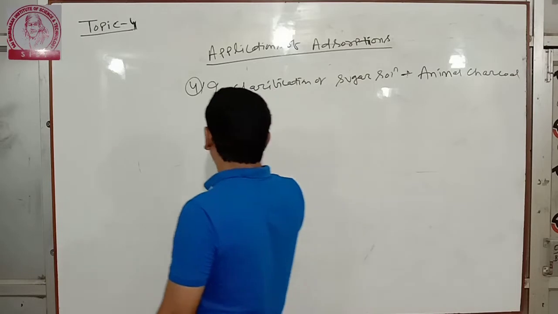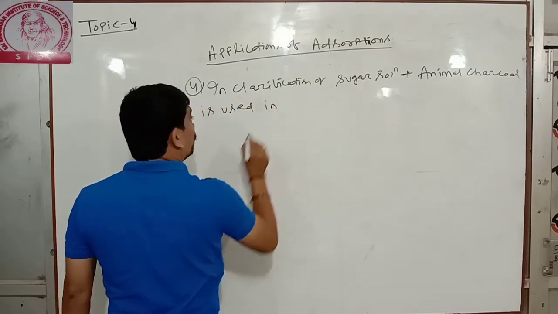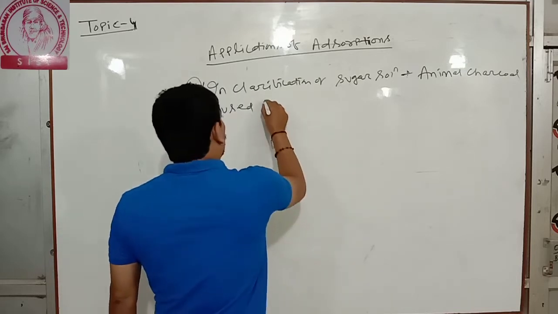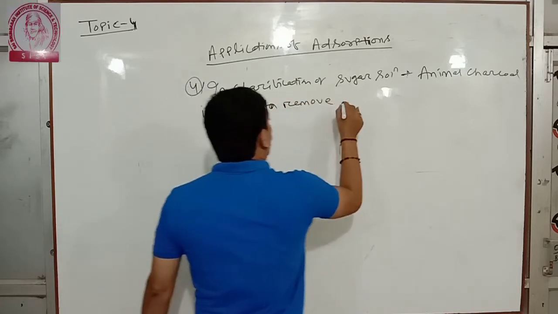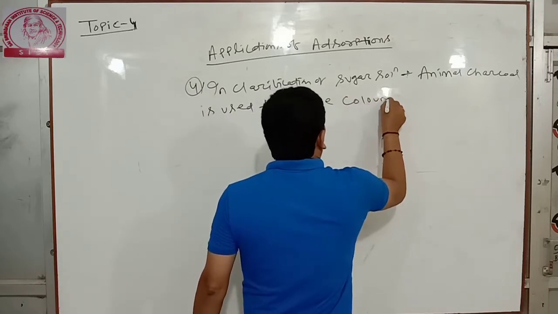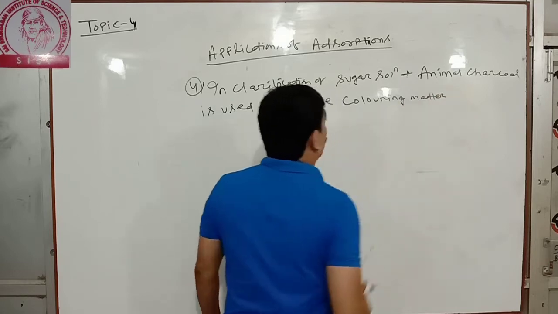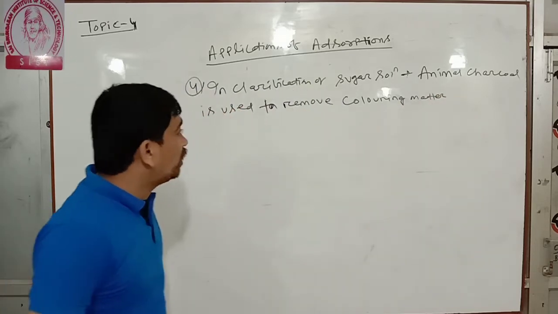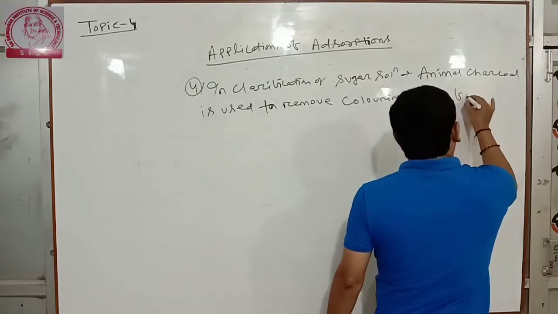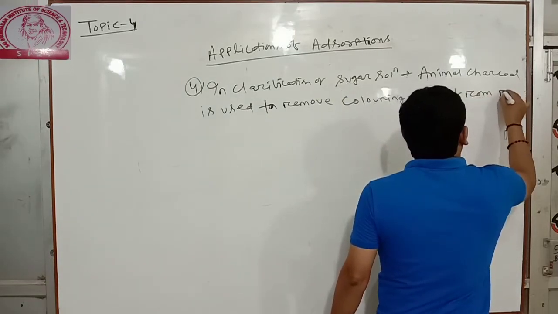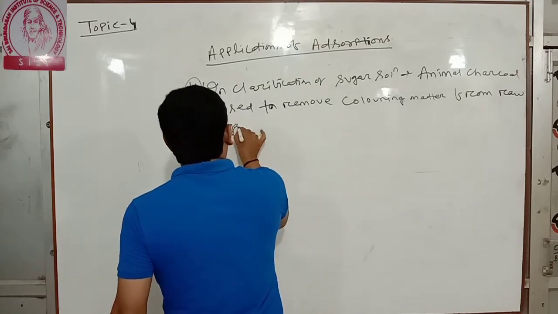Animal charcoal is used to remove coloring matter from sugar solution, from raw sugar.